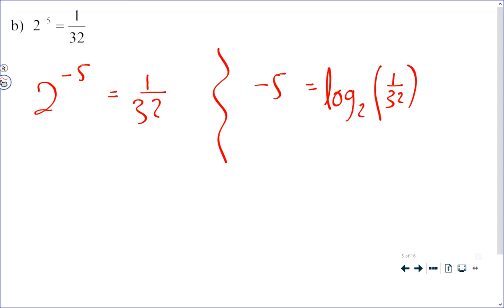The 1 over 32 is by itself in the exponential form. The negative 5 is by itself in the logarithmic form.